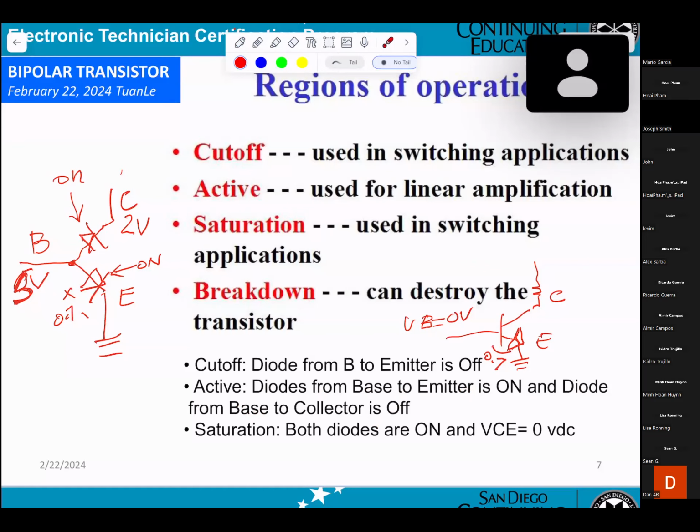However, now both on, saturation, both diodes are on. In this case, saturation, then the voltage VCE, that means from C to E, is almost 0 volt.